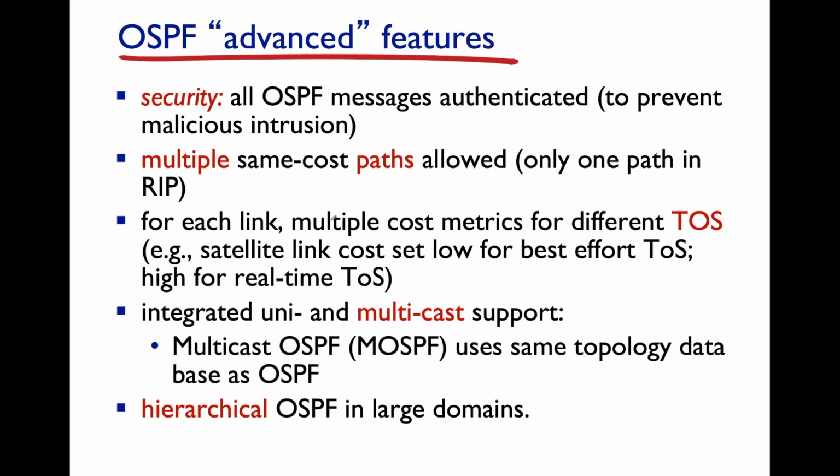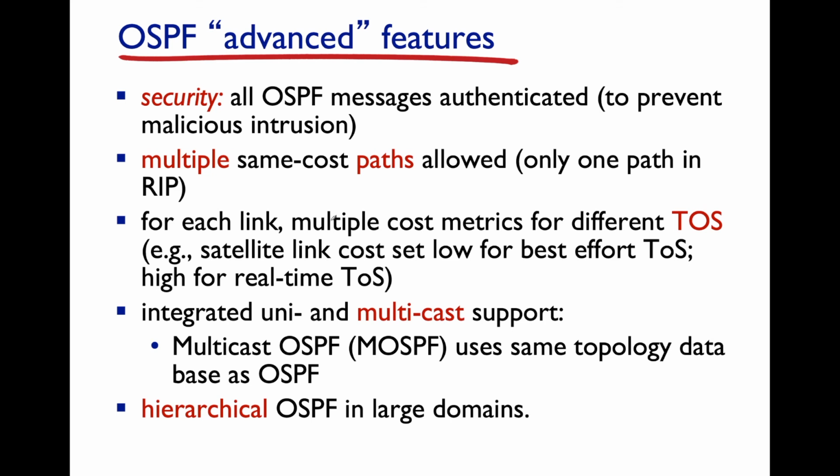And so security-wise, OSPF has some nice advanced features. All of these OSPF messages are authenticated to prevent malicious intruders from trying to siphon off traffic from the network. And in OSPF, multiple paths that have the same cost can be allowed, whereas in RIP, you can only have one path with a single cost.